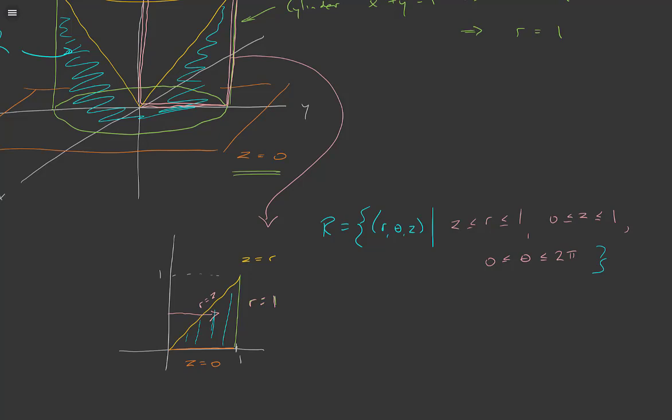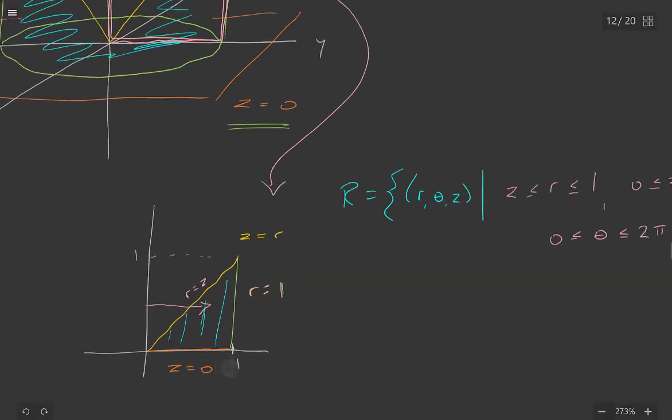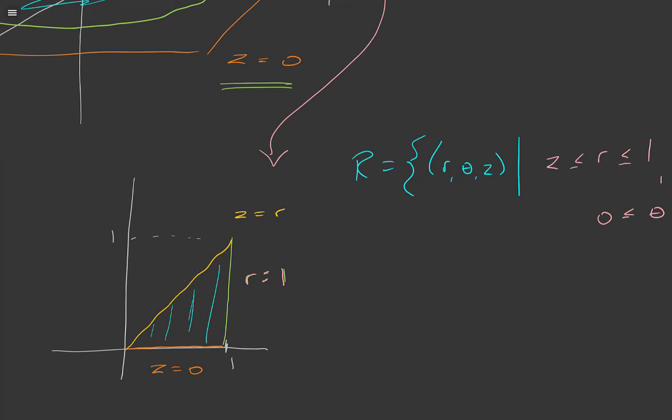Another way would be to approach this by putting a constraint on z. So as if we were going up starting at z equals 0, up to the line z equals r.